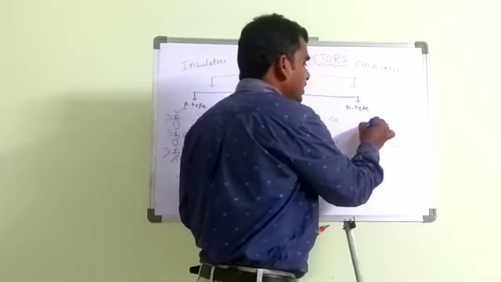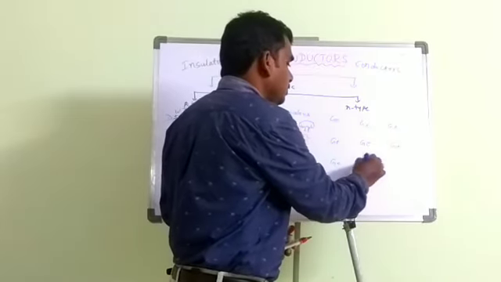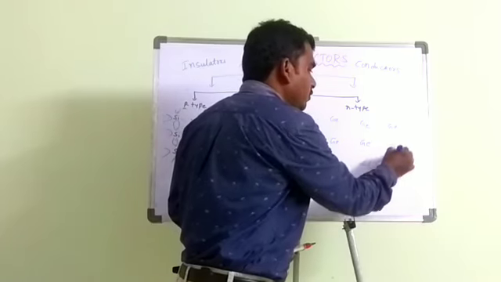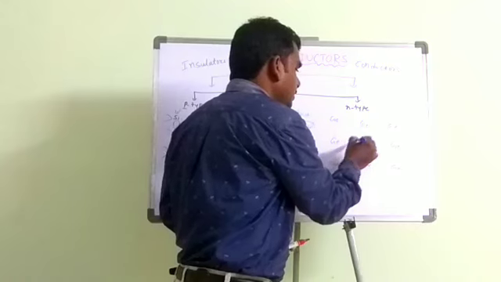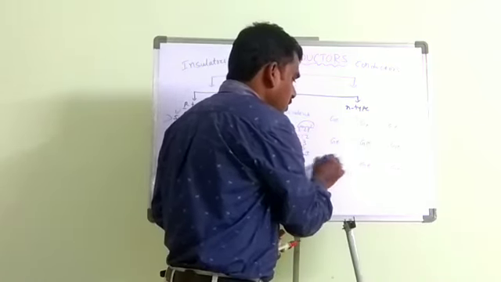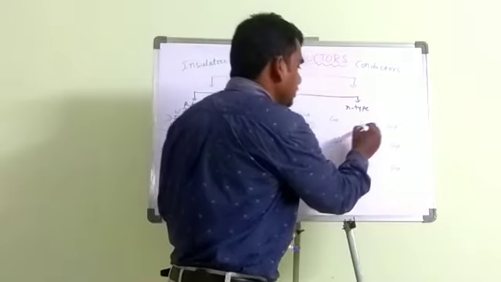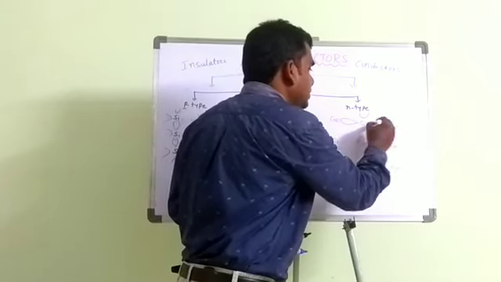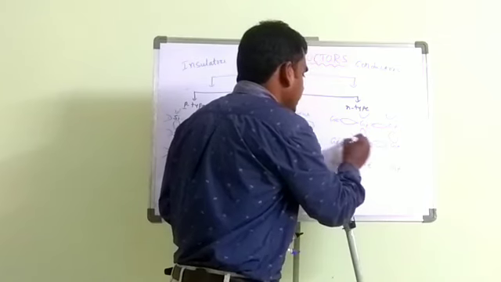We know that silicon or germanium belongs to the 4th group, which means 4 valence electrons are there, and those participate in covalent bonding. So this is a covalent bond, and this is also a covalent bond. These are all covalent bonds.